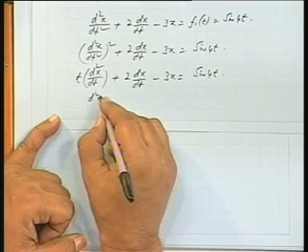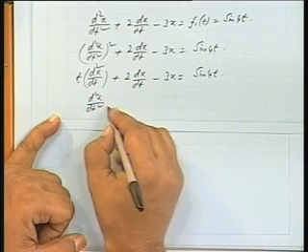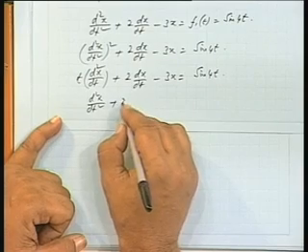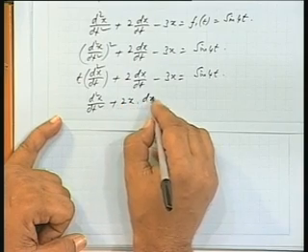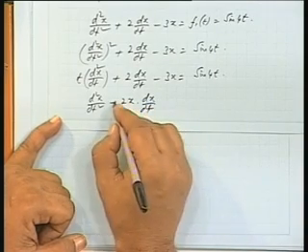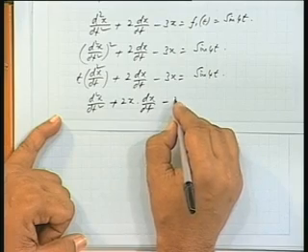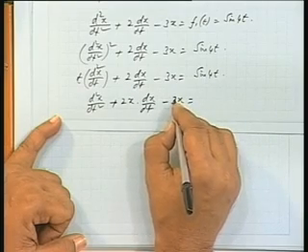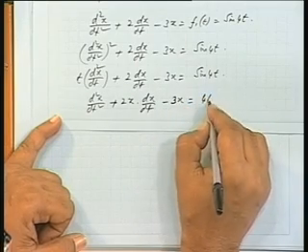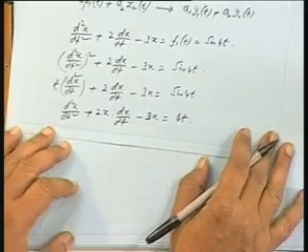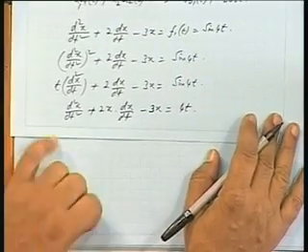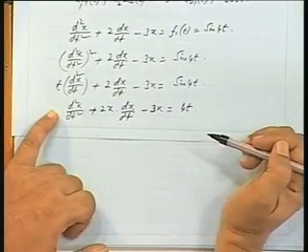The fourth: d squared x by dt squared plus 2 x dx by dt minus 3x equals 4t. Now, out of these, which one will be linear, which one will be nonlinear, which one will be representing a nonlinear system?